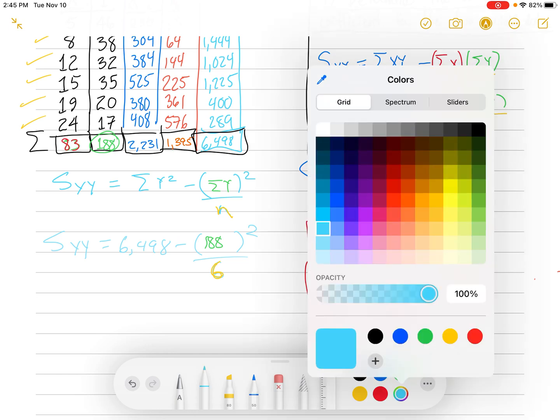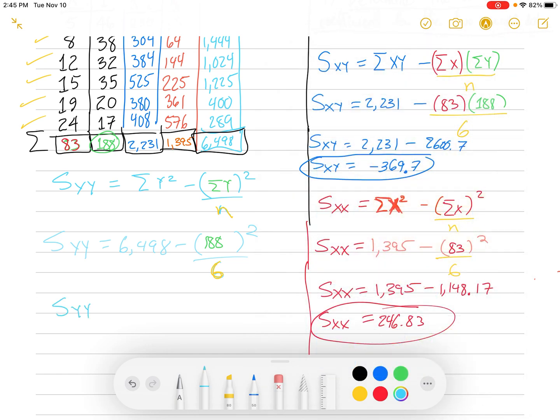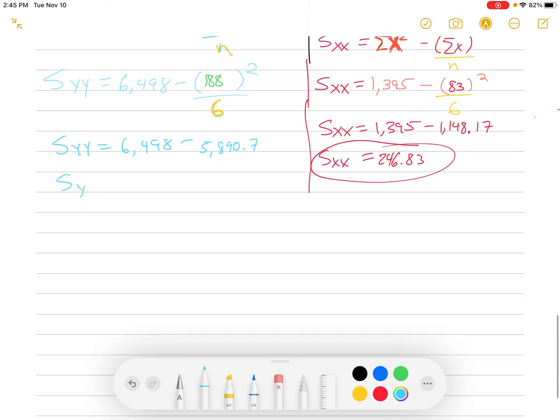So SYY is 6,498 minus 188 squared divided by 6, which is roughly 5,890.7. When I subtract, I get 607.3.